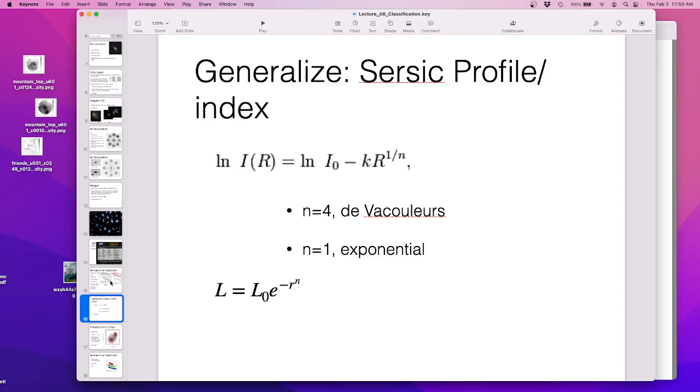So I talked about disk galaxies, and disk galaxies are exponential. So the light, in whatever units, as a function of radius, goes like e to the minus r over some scale height h. So that's for spiral galaxies.